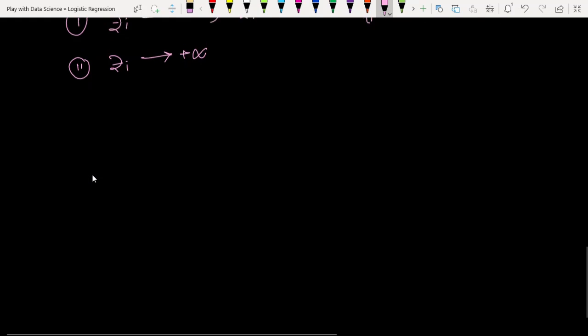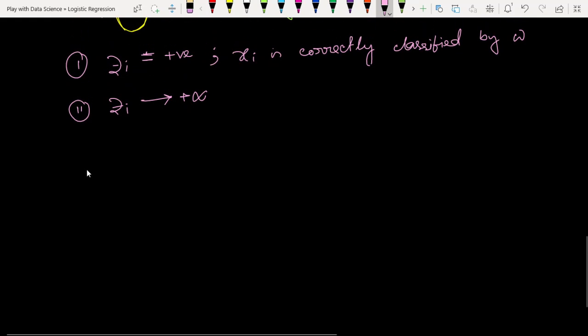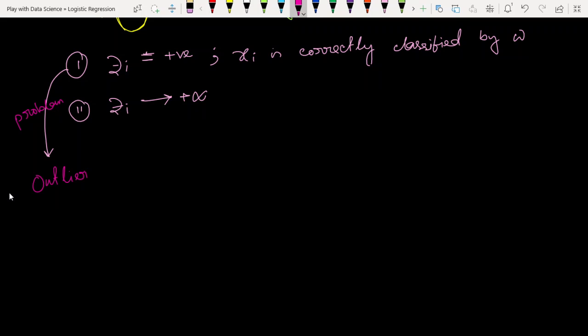But we have some problem about this. What is the problem? If we see the problem, then our problem is the outlier problem. Number one is our outlier problem, and the second problem is the misclassified point.